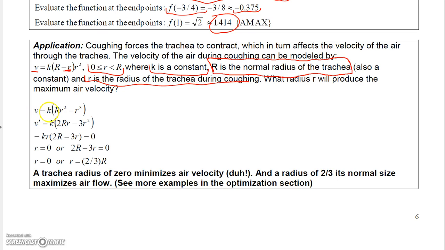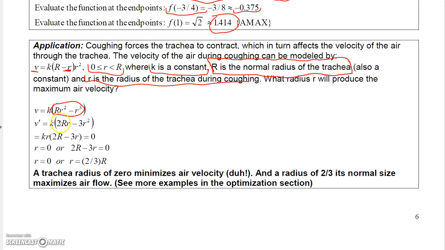First of all, I take the derivative of velocity with respect to little r, since little r is the variable. What's the derivative of little r squared with respect to little r?